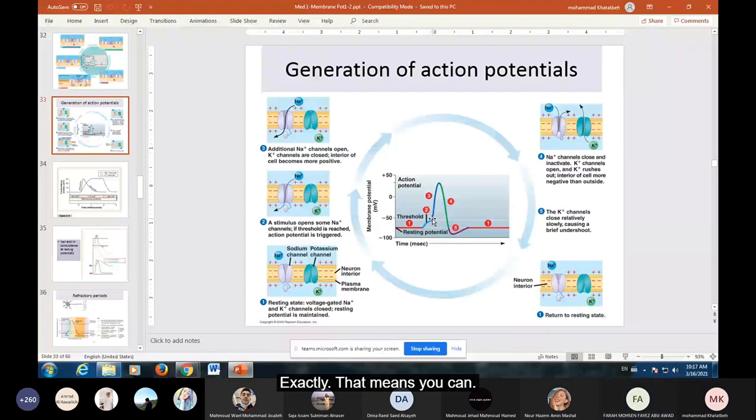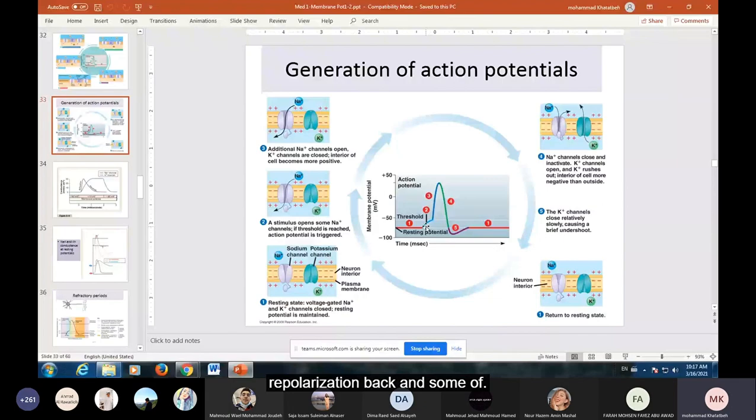Exactly. That means you can either develop an action potential or you can have a situation where you cannot develop an action potential. In which situations can we not develop an action potential? If you have small depolarization, not reaching the threshold, and that small depolarization is followed by repolarization back.